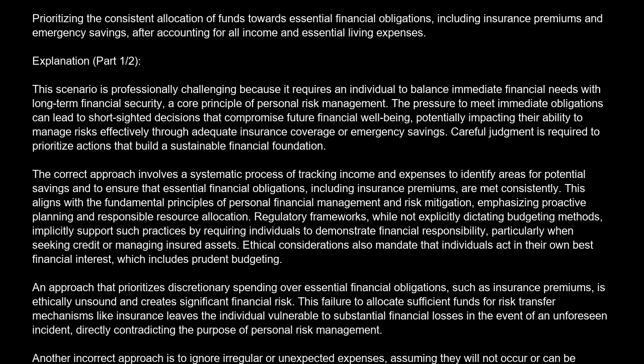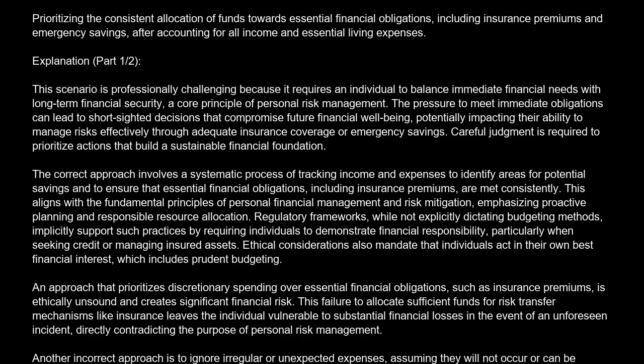An approach that prioritizes discretionary spending over essential financial obligations, such as insurance premiums, is ethically unsound and creates significant financial risk. This failure to allocate sufficient funds for risk transfer mechanisms like insurance leaves the individual vulnerable to substantial financial losses in the event of an unforeseen incident, directly contradicting the purpose of personal risk management.